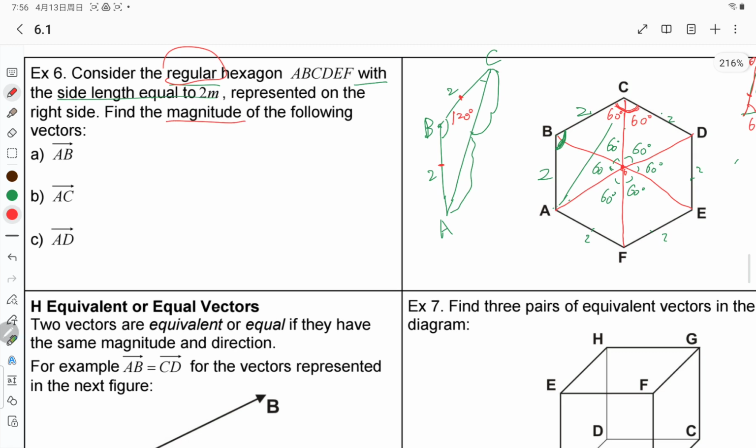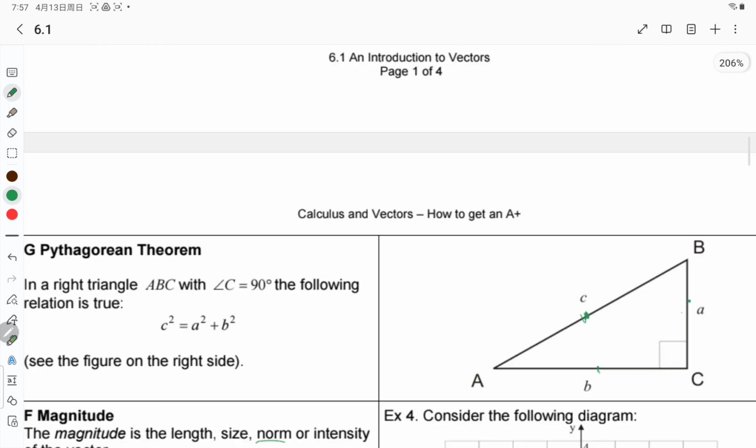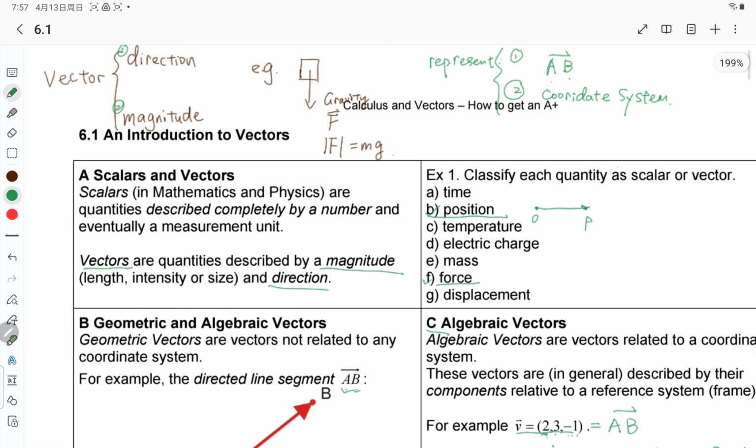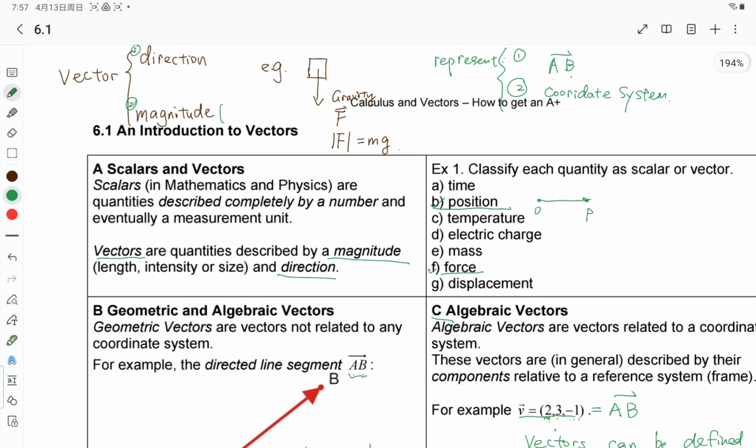The magnitude of the vector, what does the magnitude mean? Magnitude just means the length, right? Because the vector has two components. One is magnitude. Magnitude just means the length, all right? So I'm just gonna, sorry for scrolling right down here.